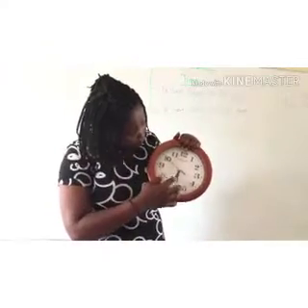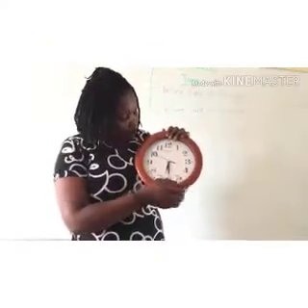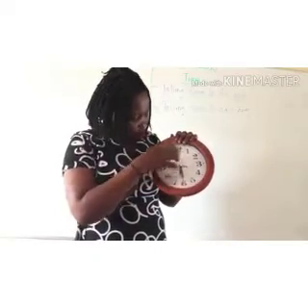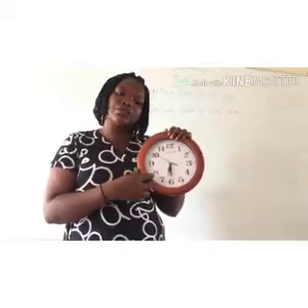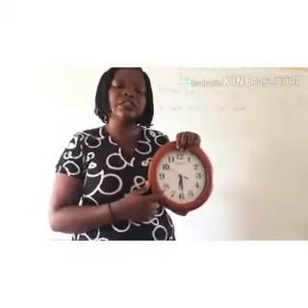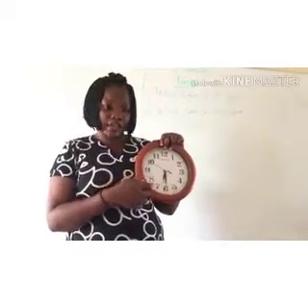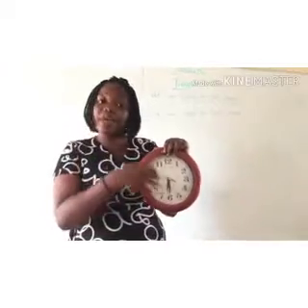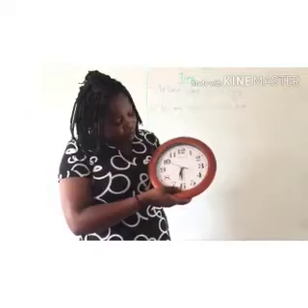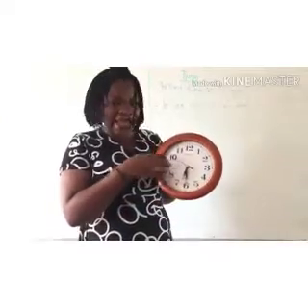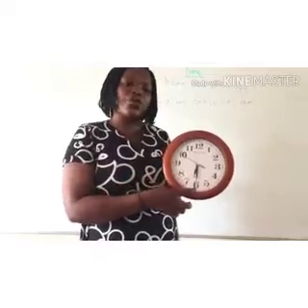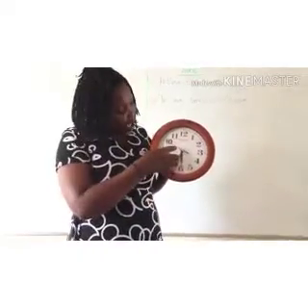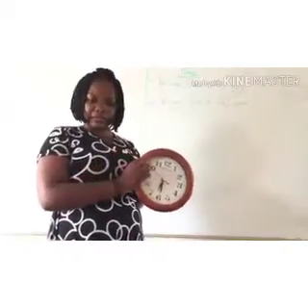If I have my hour hand at maybe midway between 7 and 8, we will say the time is 7:30. If I have my hour hand between 9 and 10 and the minute hand is at 6, we say the time is 9:30.